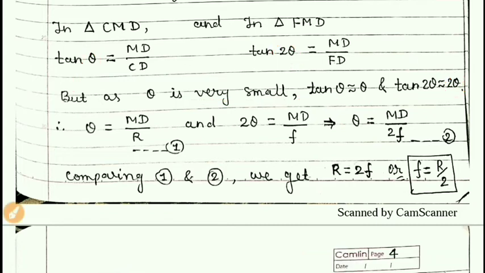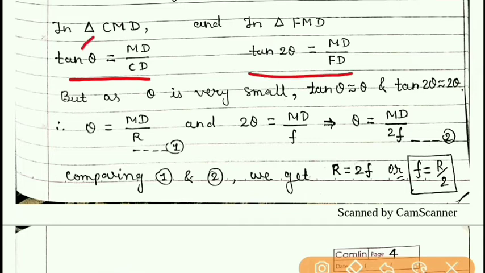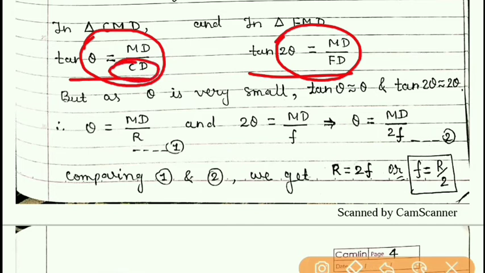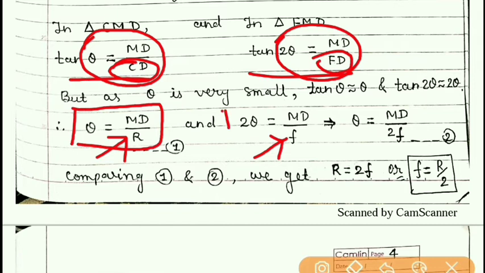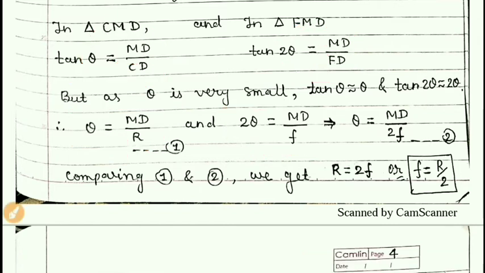So applying this condition in this equation as well as in this equation, we get theta is equal to MD upon CD and 2 theta is equal to MD upon FD. But what is CD? It is r. And what is FD? It is small f. So we get theta is equal to MD upon r, and 2 theta is equal to MD upon f.